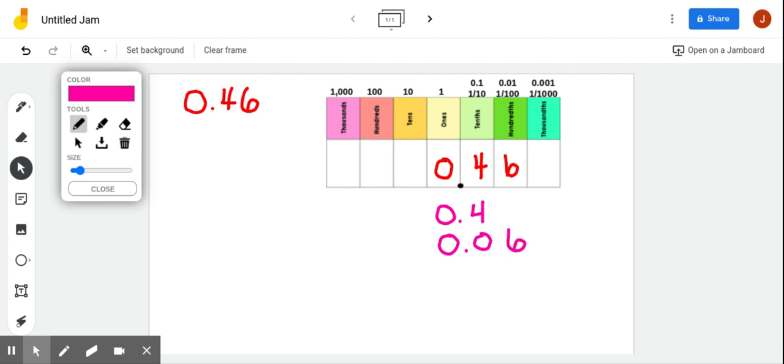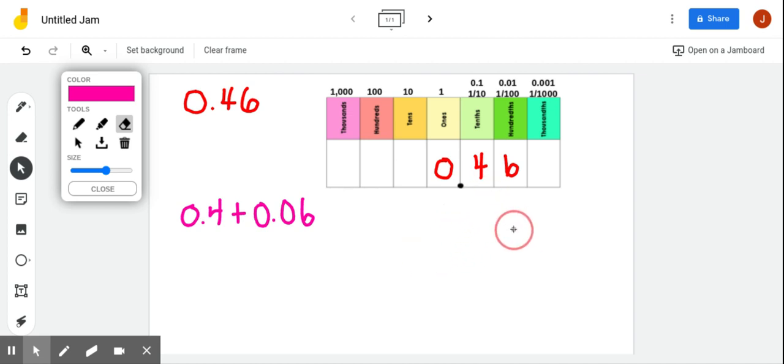That's how they're written. So in order to write them in an expanded form, all I'm going to do is add the value of each digit. So the first way is 4 tenths plus 6 hundredths. That's it.